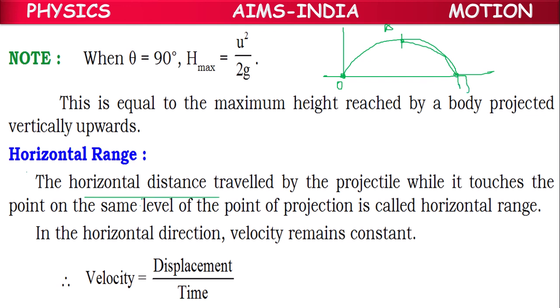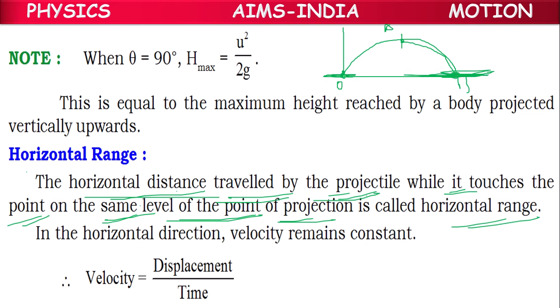So the horizontal distance traveled by the projectile while it touches a point on the same level as the point of projection is called horizontal range. From the same level, this horizontal distance, this OB length, is called horizontal range.